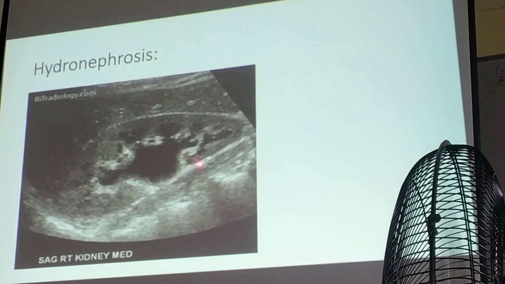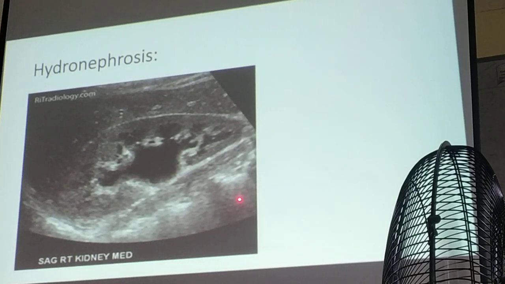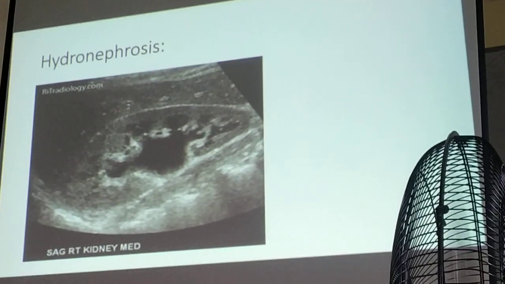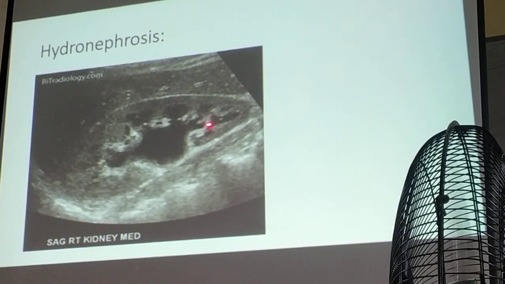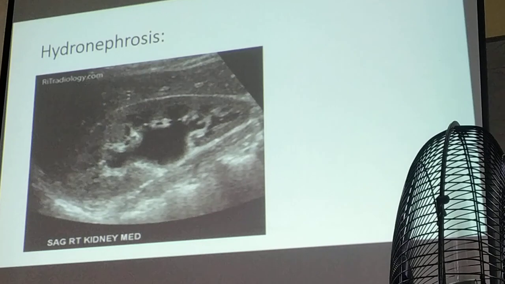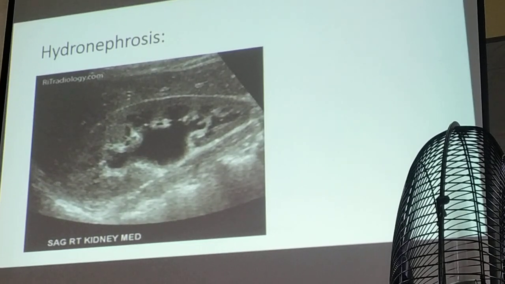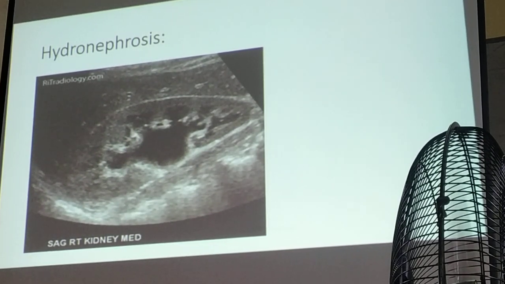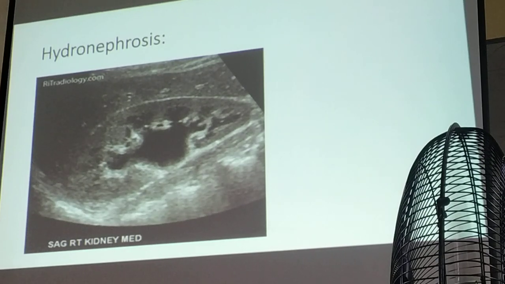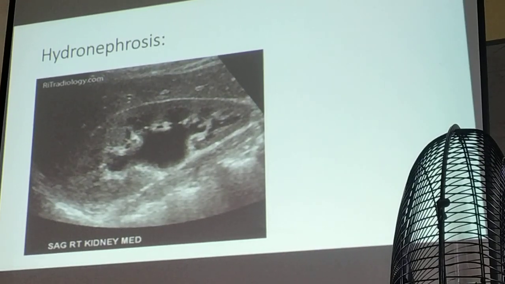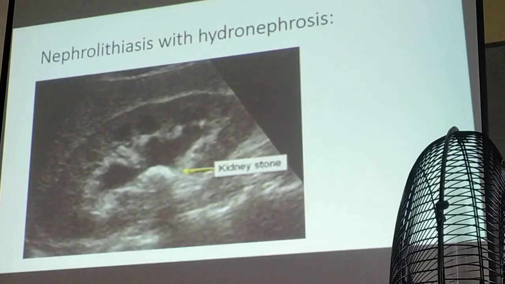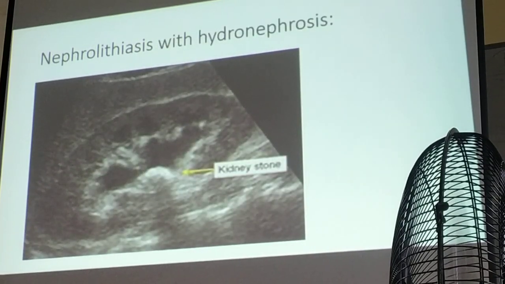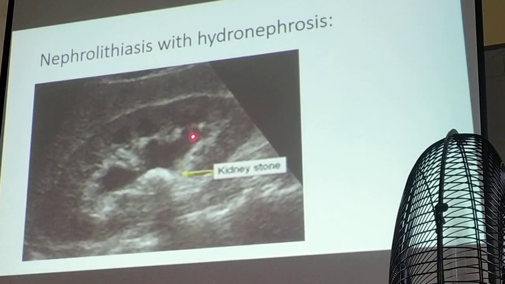In here, the pelvic structures are dilated. So this is an example of your hydronephrosis. Okay? Definitely hydronephrosis will come out. What's causing the hydronephrosis?